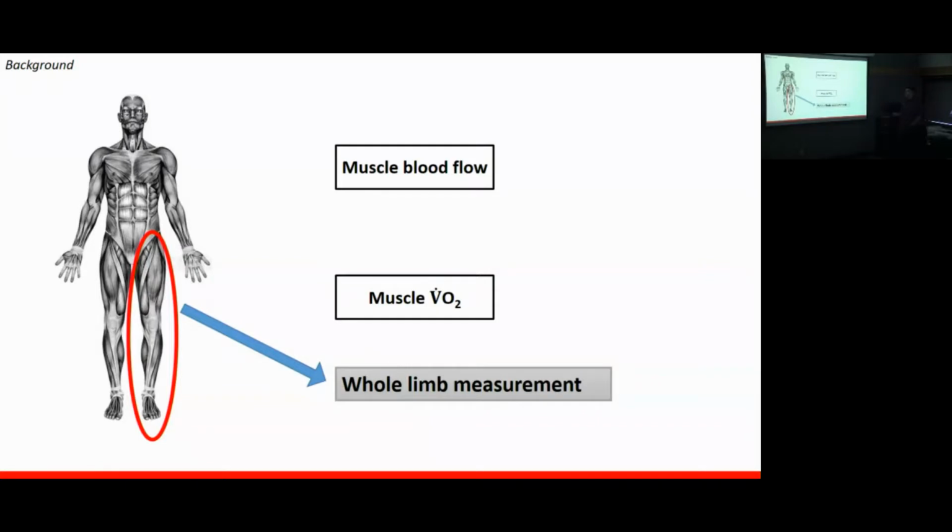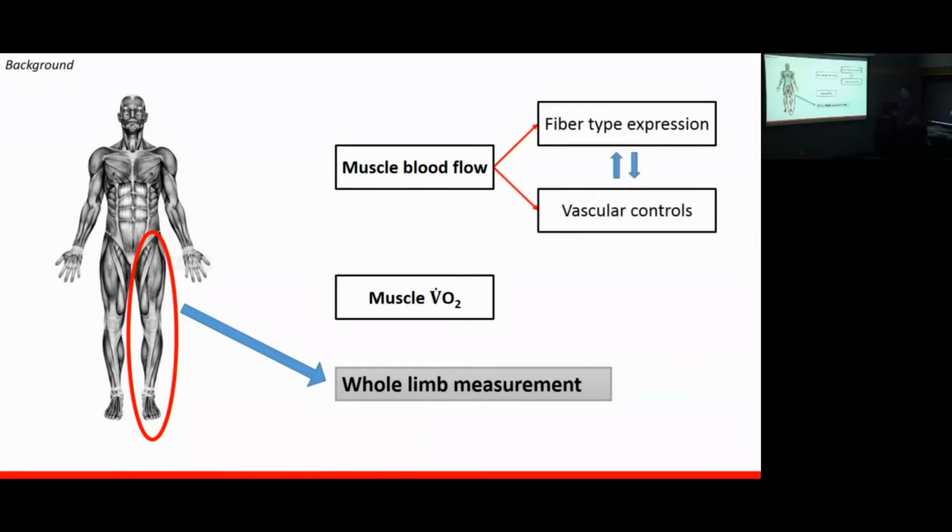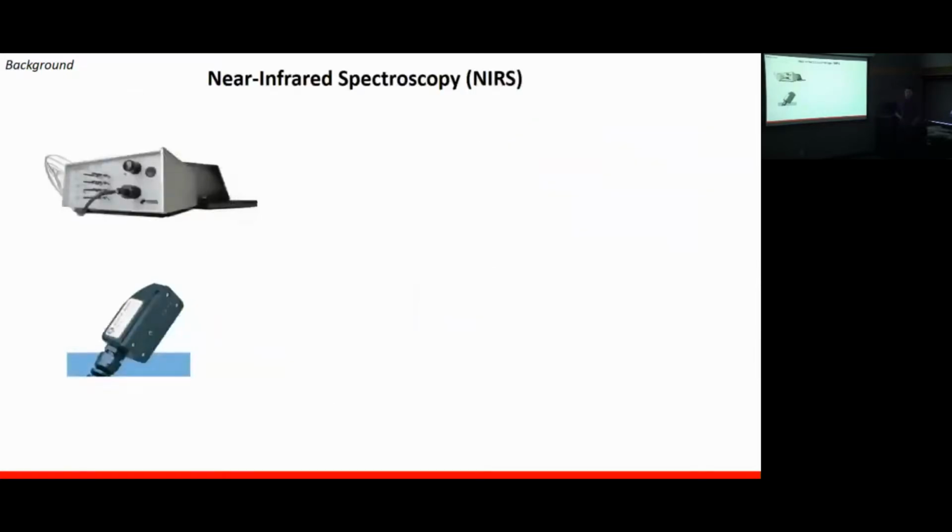And as I said before, we have this balance between muscle blood flow and muscle VO2, which means that each region of the muscle may have a different balance, which is related to the fiber type expression, as well as the vascular controls, as well as the muscle activity. So there could be a heterogeneity in the balance between these two factors.